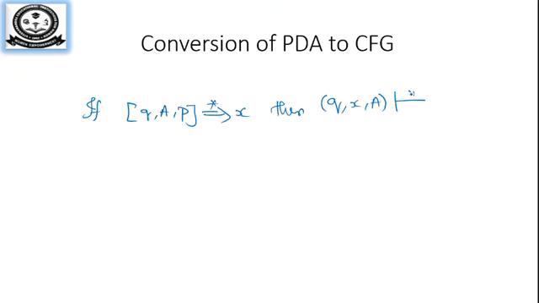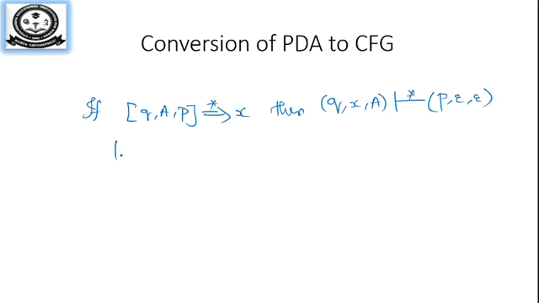So we can write, if you have a triplet [q, a, p] which derives to a string x, then I can tell that (q, x, a) can also be derived in the PDA to a pop-up operation.